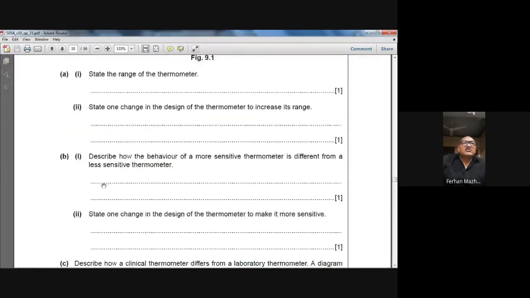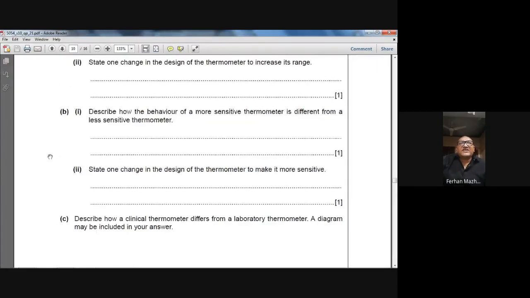Okay, so the next question is: describe how the behavior of a more sensitive thermometer is different from a less sensitive thermometer. The thermometers which are more sensitive show a larger change in the length of the mercury for every degree rise in the temperature as compared to the less sensitive thermometer.